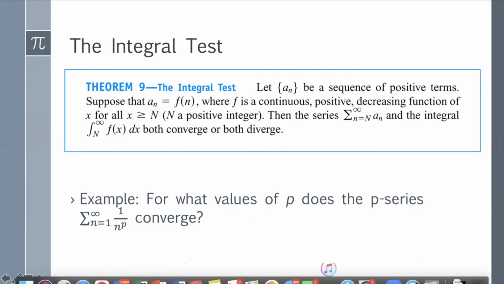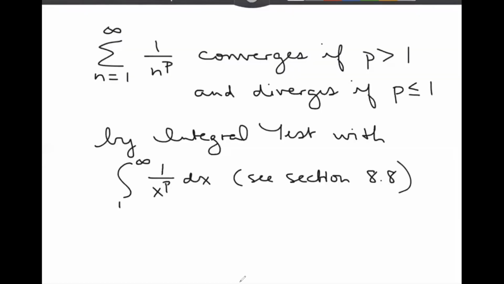We can do this pretty quickly if we refer to a fact that we developed in section 8.8. The series n equals 1 to infinity of 1 over n to the p converges if p is greater than 1 and diverges if p is less than or equal to 1, by using the integral test with the integral from 1 to infinity of 1 over x to the p dx.